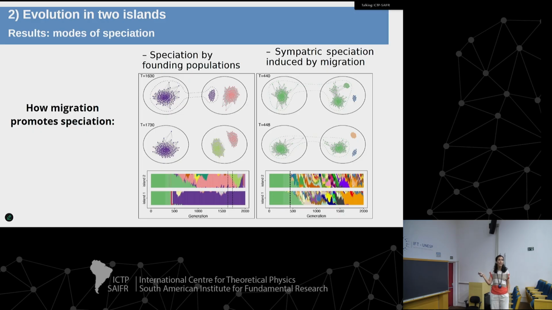But we also saw some speciation where individuals from this island migrate to the other island and can mate there, but they bring too many novelties, too many mutations in their genomes, that it allows sympatric speciation. So we call this sympatric speciation induced by migration, because if you turn off the migration, those kinds of things do not occur.